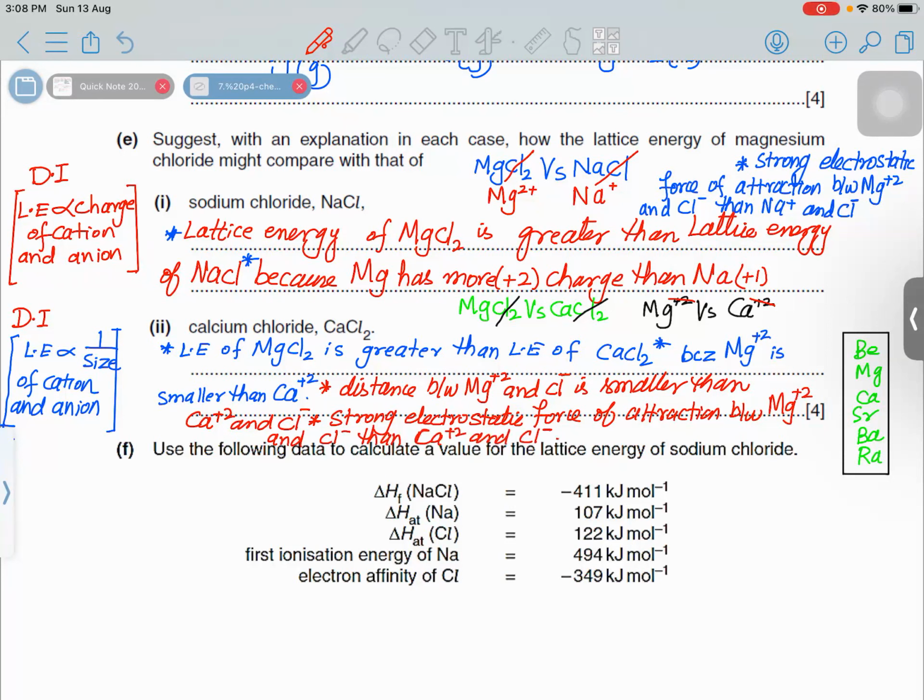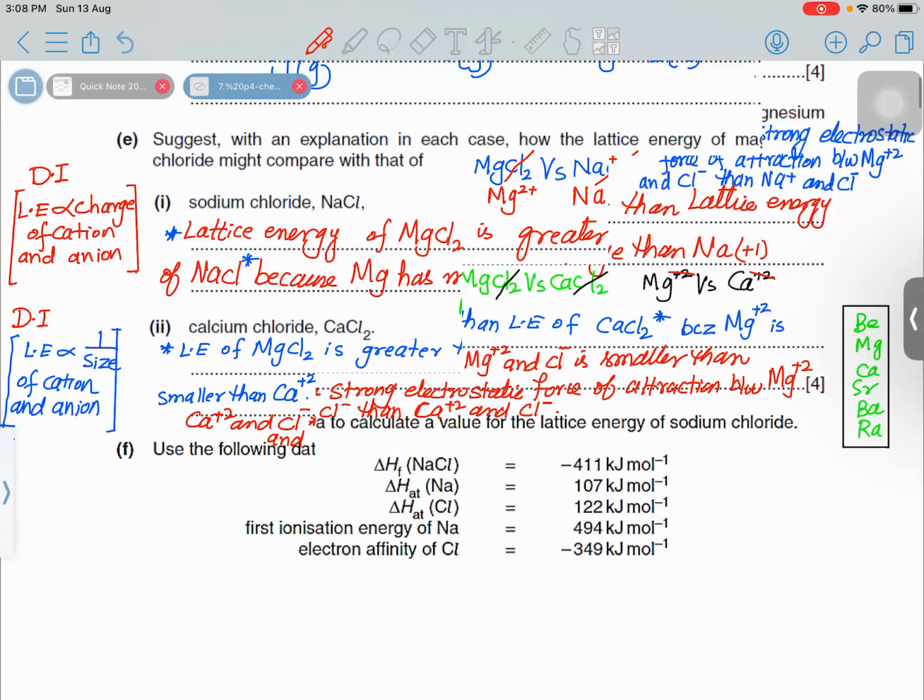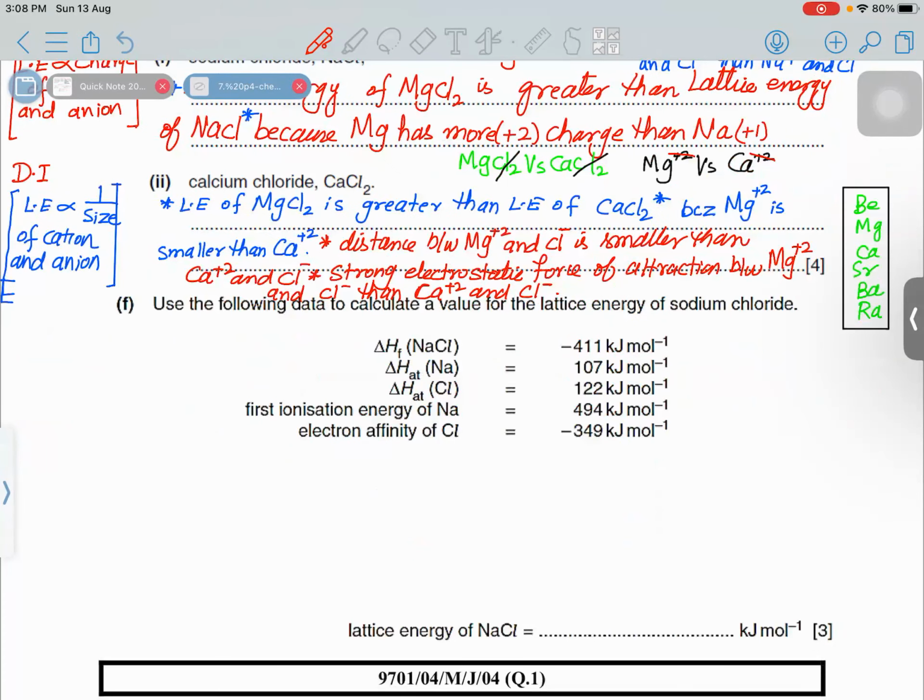These points are maximum points, right? This question is for 2 marks. So the blue one is the accurate answer for 2 marks. For more marks, you have to increase the answer. You can write the distance. You can write the electrostatic force of attraction. Beta, are you getting my point or not? Yes, sir. I'm getting it.